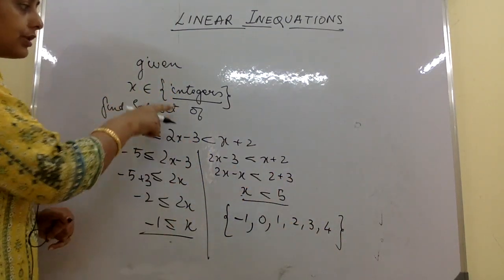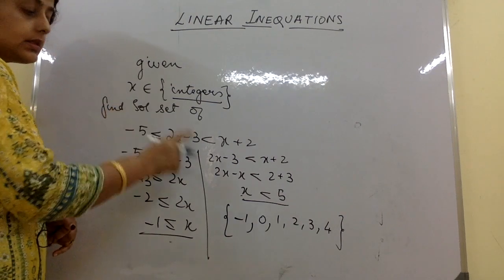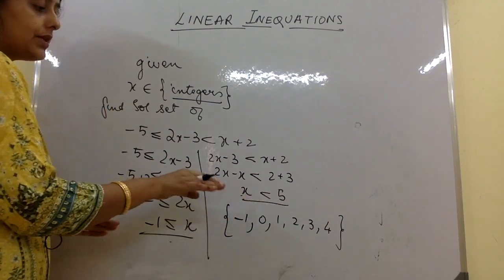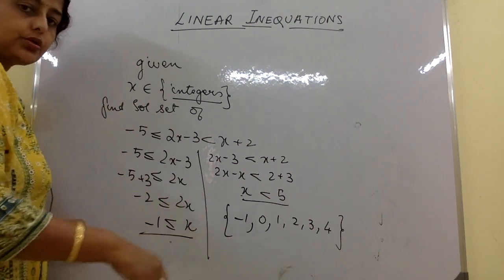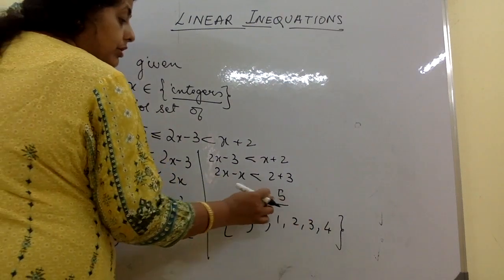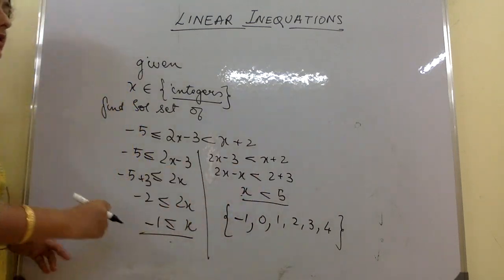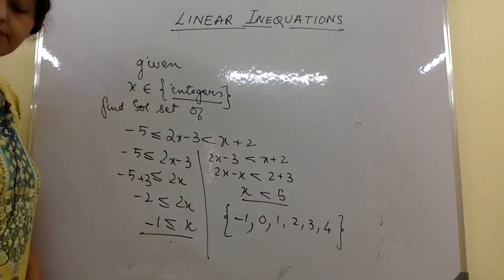Since they have used the replacement set as integers, we are getting numbers, and we can write a solution set like this, which for real numbers we cannot do. So we have to stop at 4 because this is less than 5, not less than or equal to 5.